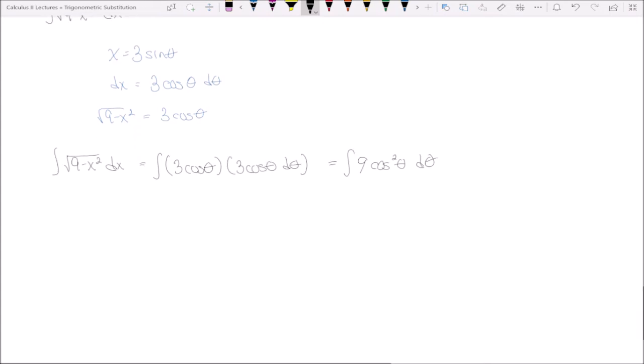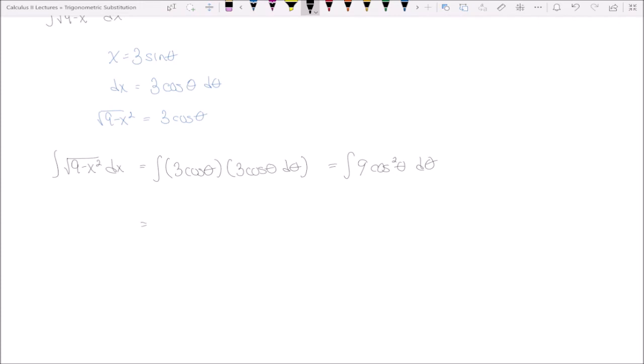Now, let's use the identity: cosine squared of theta is 1/2 times 1 plus cosine 2 theta. We'll get 9/2 times the antiderivative of 1 plus cosine 2 theta d theta.